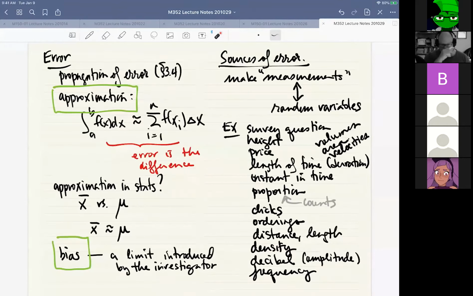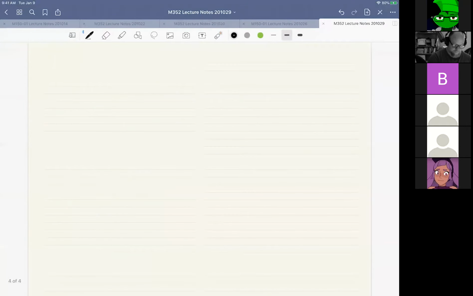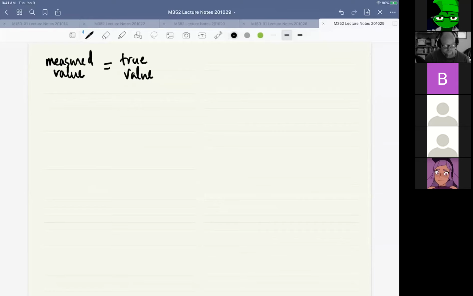So here's the idea, okay? I'm going to go from measurements to error. Whenever we make a measure, the measured value we get from our process of measurement, if we're lucky, it's equal to the true value, but it will never be equal to the true value unless we're lucky.